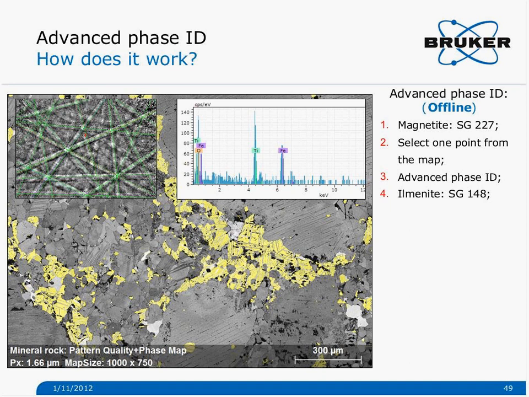And for example, here we found that this phase present in this map was ilmenite.